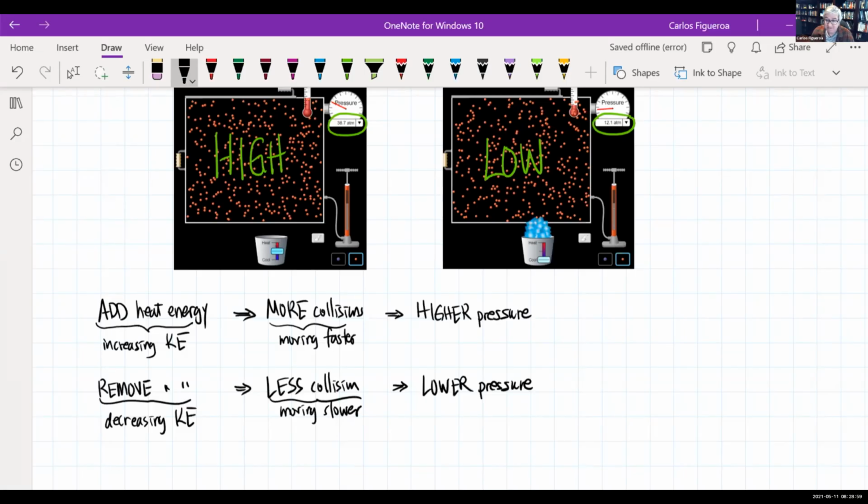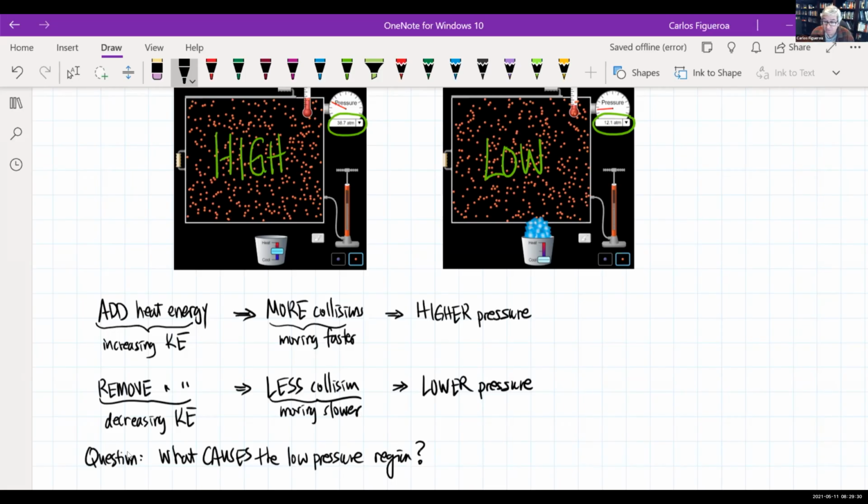So we're always asking the same kind of question. When we're talking about the ideal gas law and atmospheric pressure, we're going to ask, what causes the low pressure region?